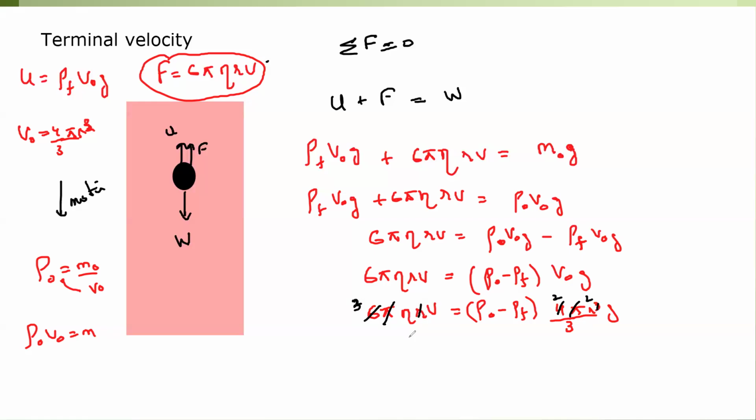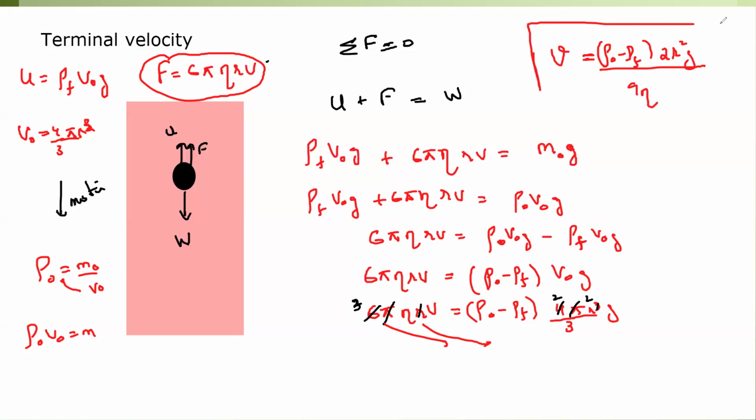When I move the 3 to the denominator and the viscosity also to the denominator, I am left with v on the left-hand side, which equals 2 times the difference of the density of object and fluid, times r squared times gravity, divided by 3 times 3, which becomes 9, and eta.